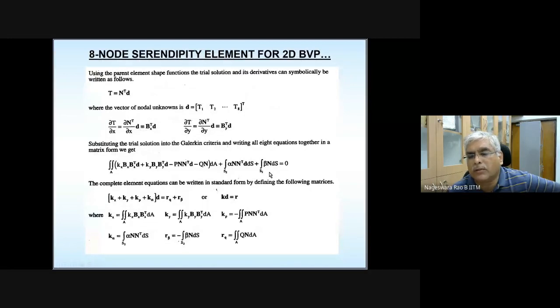Given any two-dimensional boundary value problem, you should be able to follow a similar procedure, get the element equations, evaluate each of the area integrals and line integrals properly, and then solve the equation system. Okay, so go through it, and if you have any questions, please let me know.